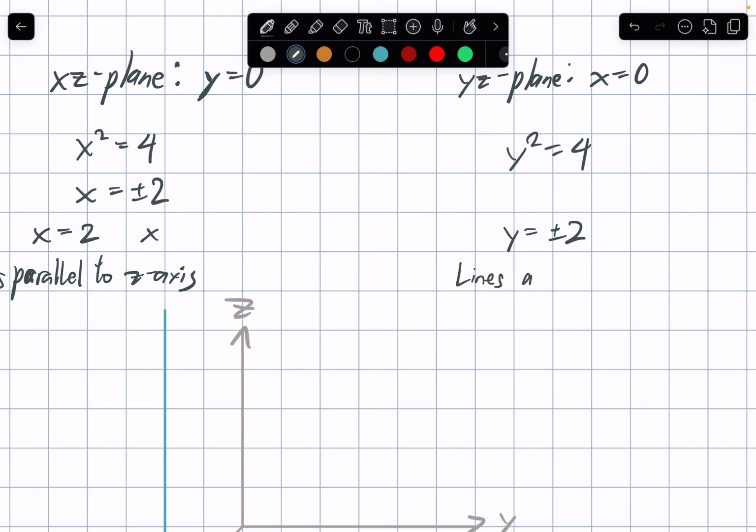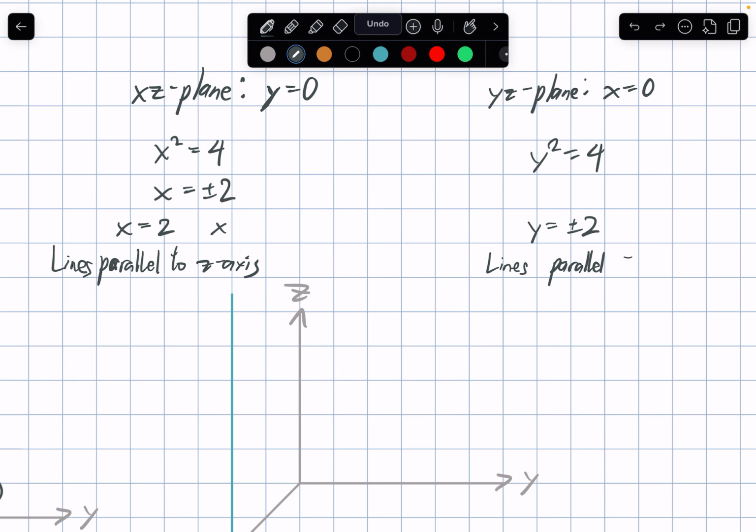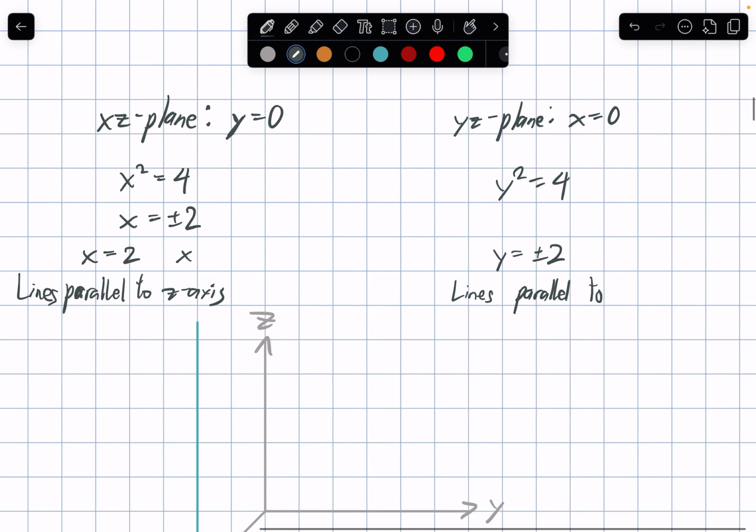The lines are parallel to what? Actually, another way of knowing which axis this line is parallel to is by looking here. Let me show that here.